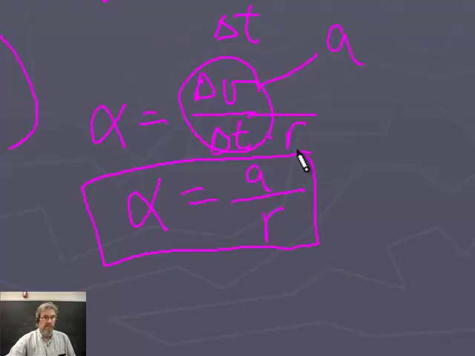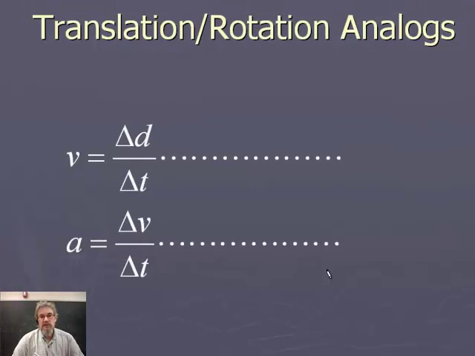You may already have noticed this, but there are some analogs. An analog is like a parallel between translation, linear motion, and rotation, motion around the center of an axis. Here are a couple of them. Velocity is change in distance over change in time.